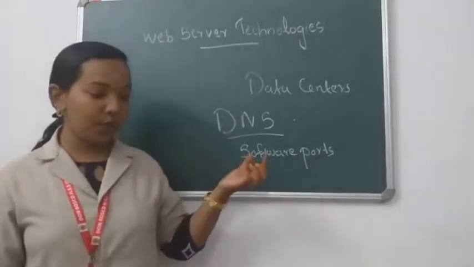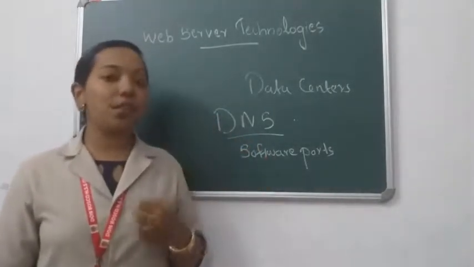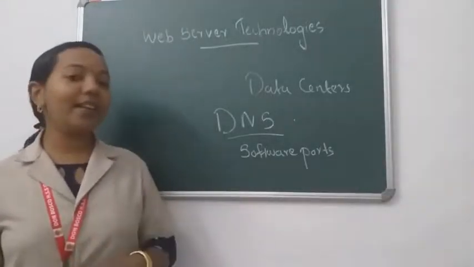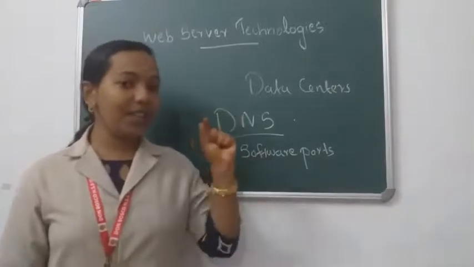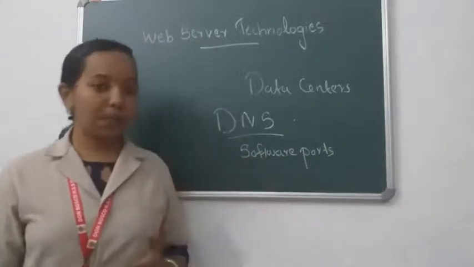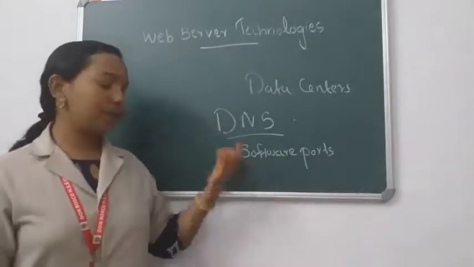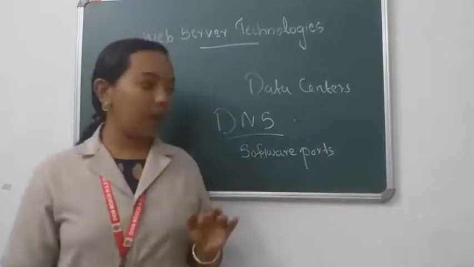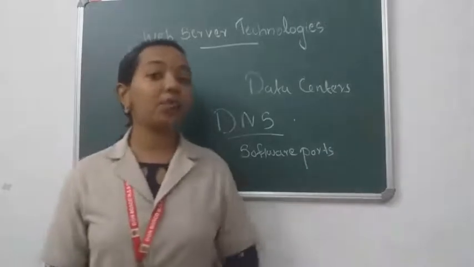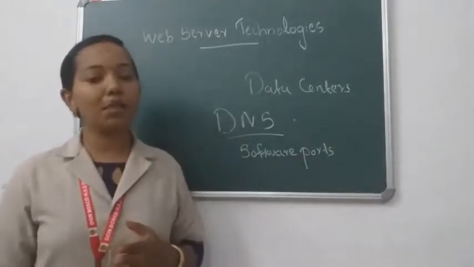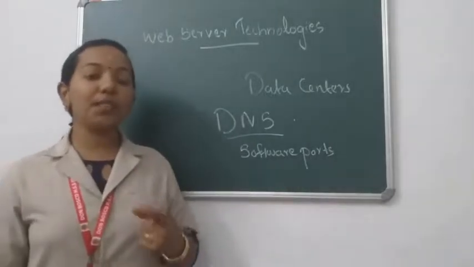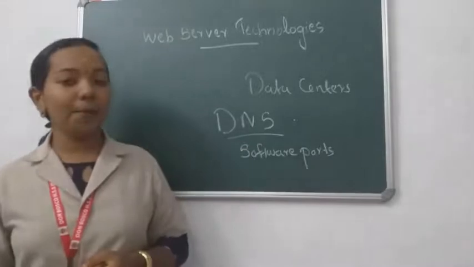Software ports are used for connecting different software to our network or to our web server. It's entirely different: hardware ports are physical and we can easily connect. Software ports are used for application purposes. For the better working of networking, every protocol uses different port numbers. So there is no physical port; instead of physical ports, we use numbers to represent the ports.